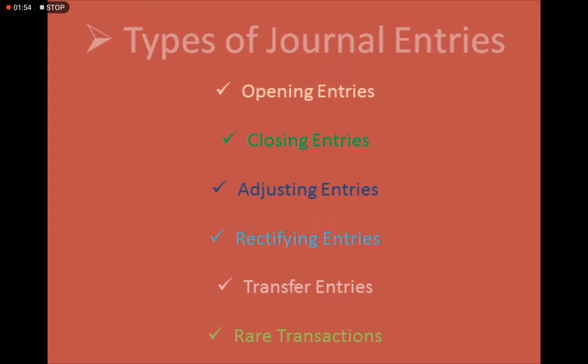Only 50,000 will go to the rent expense account and the rest, 50,000, will go to the prepaid rent account, because that will be charged to the profit and loss account in the next accounting period. So that was an adjusting entry. You adjusted the true nature of the rent by debiting prepaid expense.